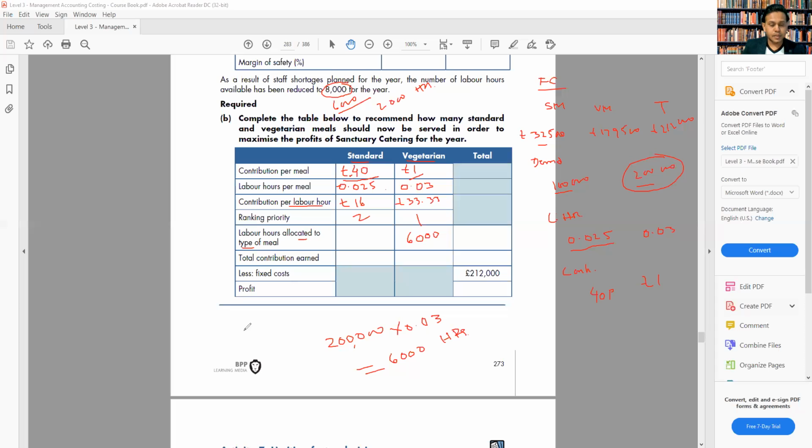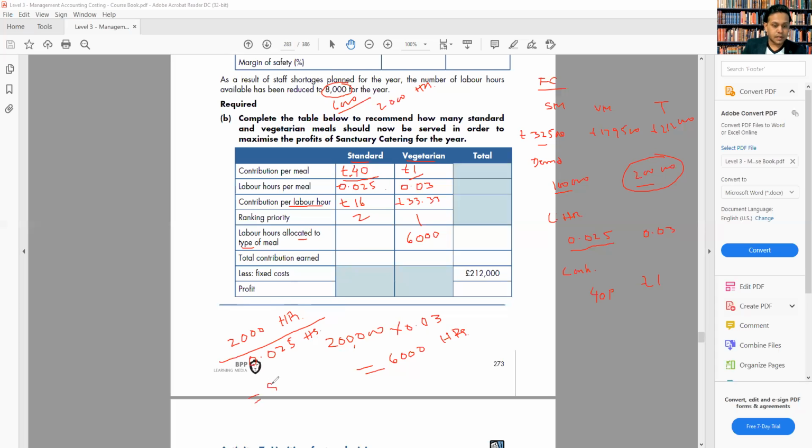Now, can anyone tell me, by using the 2,000 hours, how many standard meals we can make? Every meal takes 0.025 hours, isn't it? So 2,000 divided by 0.025 will tell me how many meals we can make.